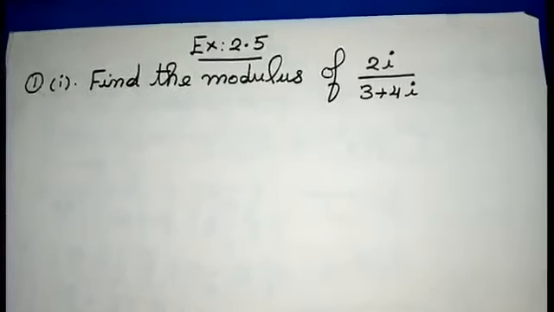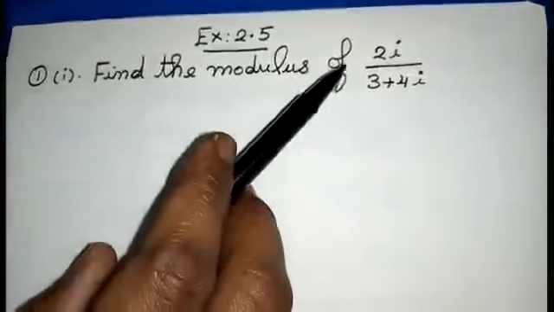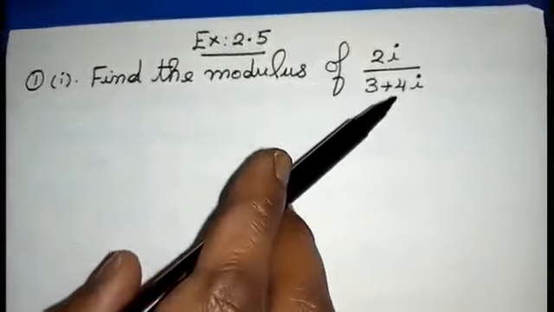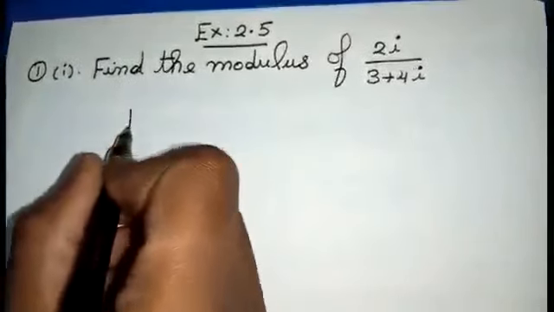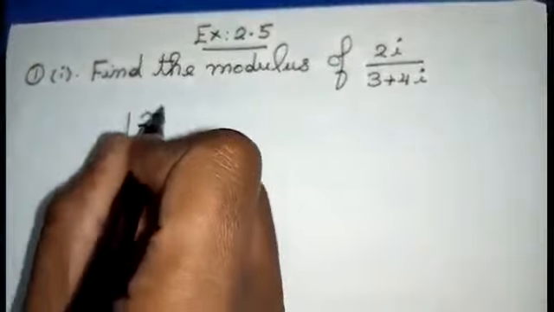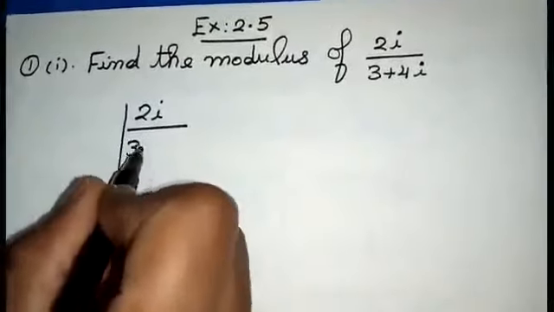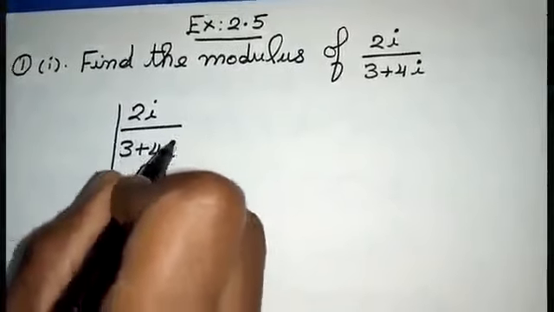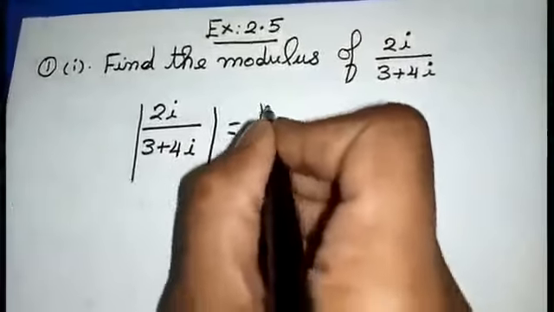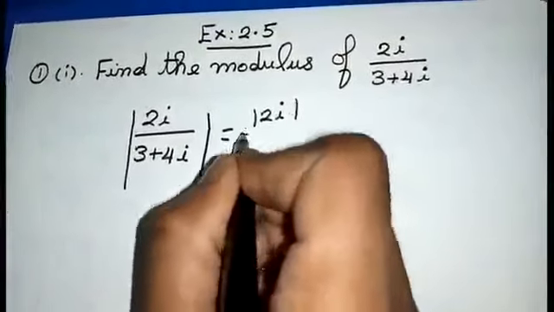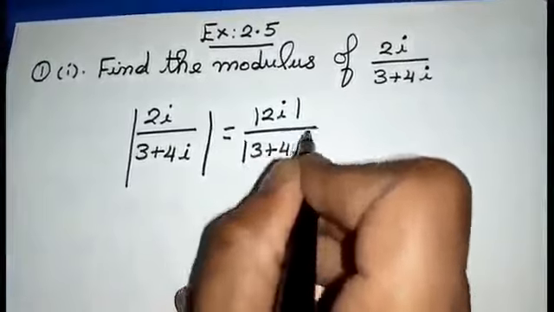Exercise 2.5, first sum. They are asking you to find the modulus of 2i divided by 3 plus 4i. What I am going to do is, first I am going to find the modulus, that is 2i divided by 3 plus 4i is equal to, take the modulus separately, modulus of 2i divided by modulus of 3 plus 4i.